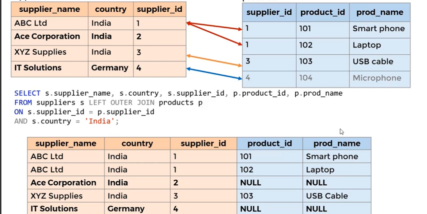So in this case the predicate country equals India is not used as a filter. This is something to keep in mind as it often trips people up. Okay, that's it for this one, see you next time.